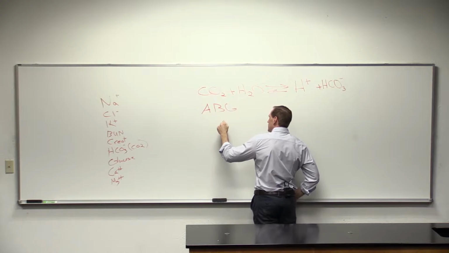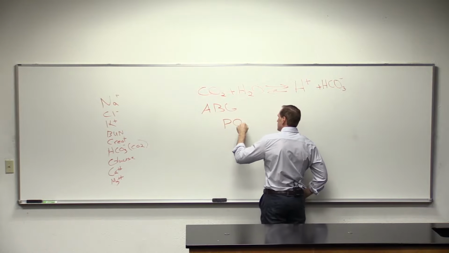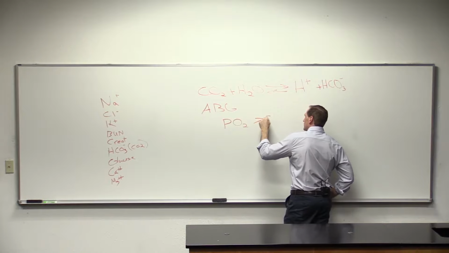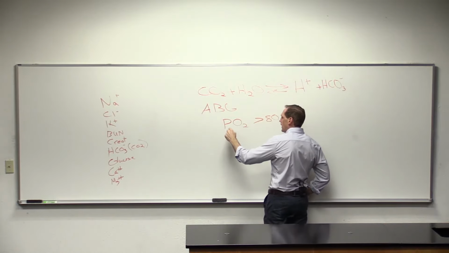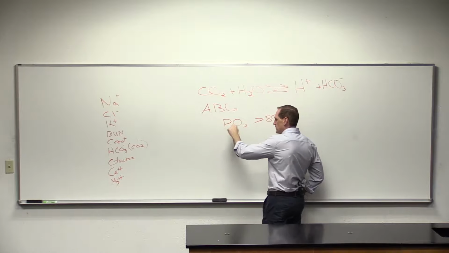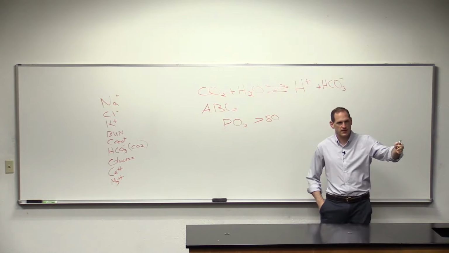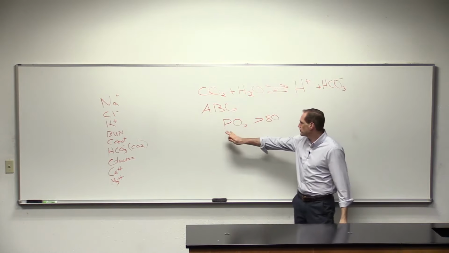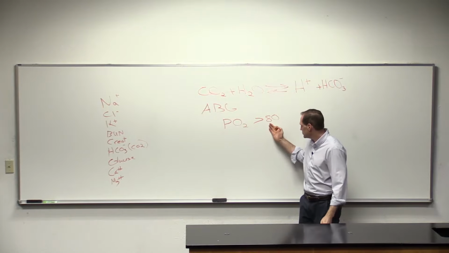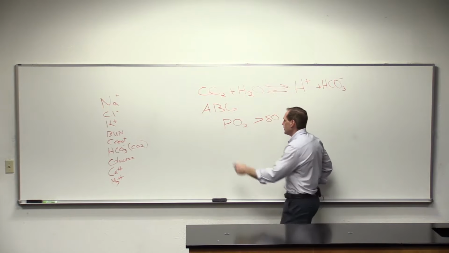So the first thing we need to know is the normal values. Anytime you see this P in front of a gas, it means pressure. So the pressure of oxygen is greater than 80, that's normal.